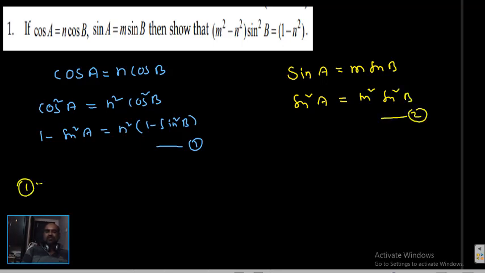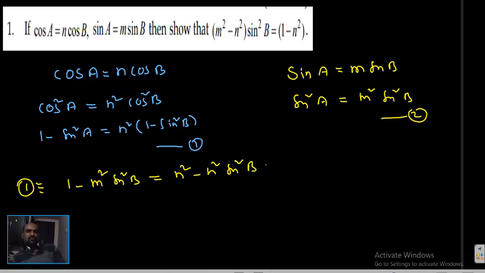So now I want to substitute the second in the first. 1 minus sin square A means I can write 1 minus m square sin square B equal to n square minus n square sin square B. Now students, do one thing: we want to take sin square B common, so convert this term to the left hand side and the 1 should be transferred to the right hand side.